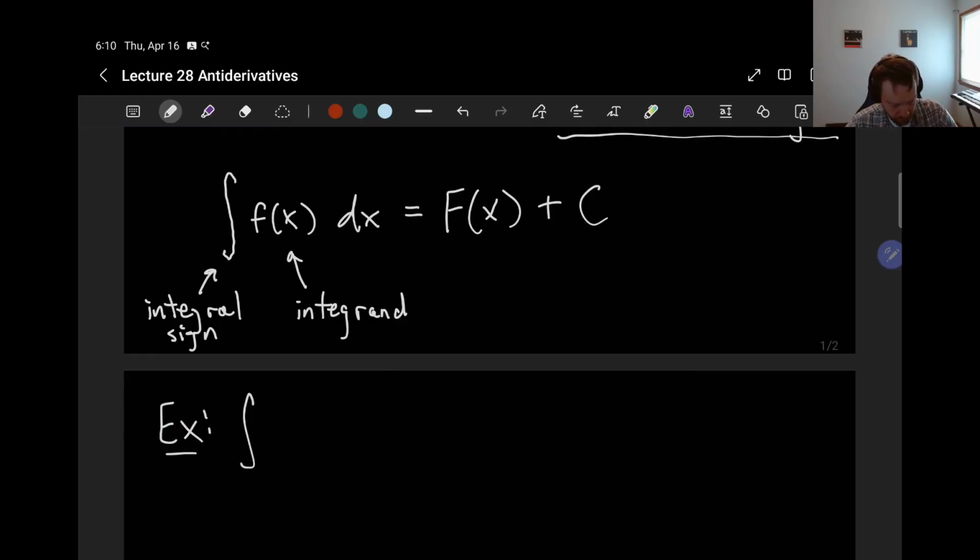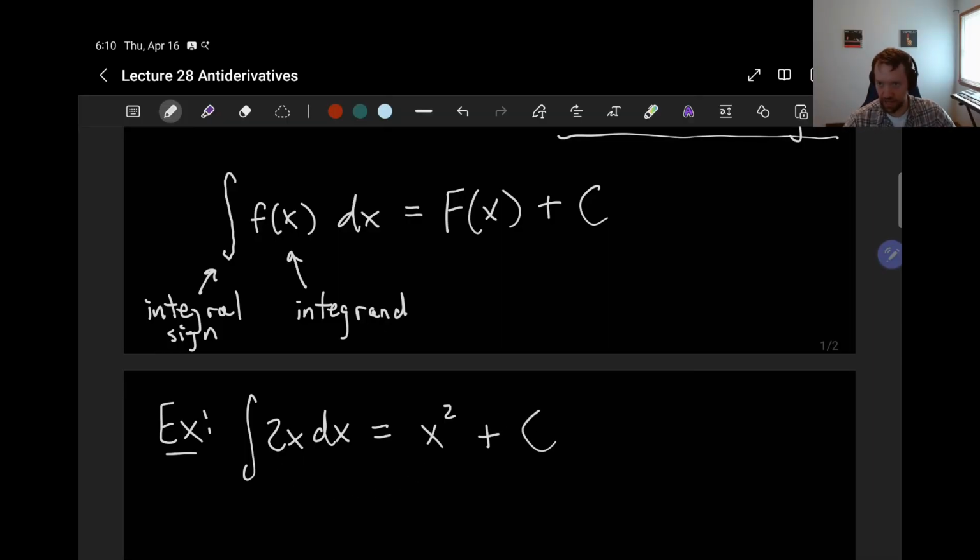So for example, we take the indefinite integral of 2x and then write your dx on the end. Well, x squared is a great, very natural antiderivative of 2x, right? Because the derivative of x squared, if you go backwards, is 2x.